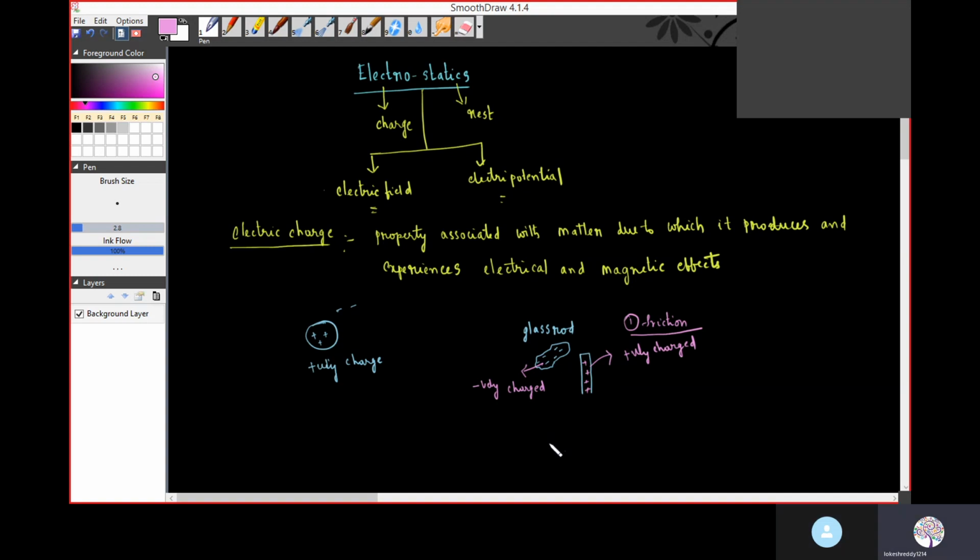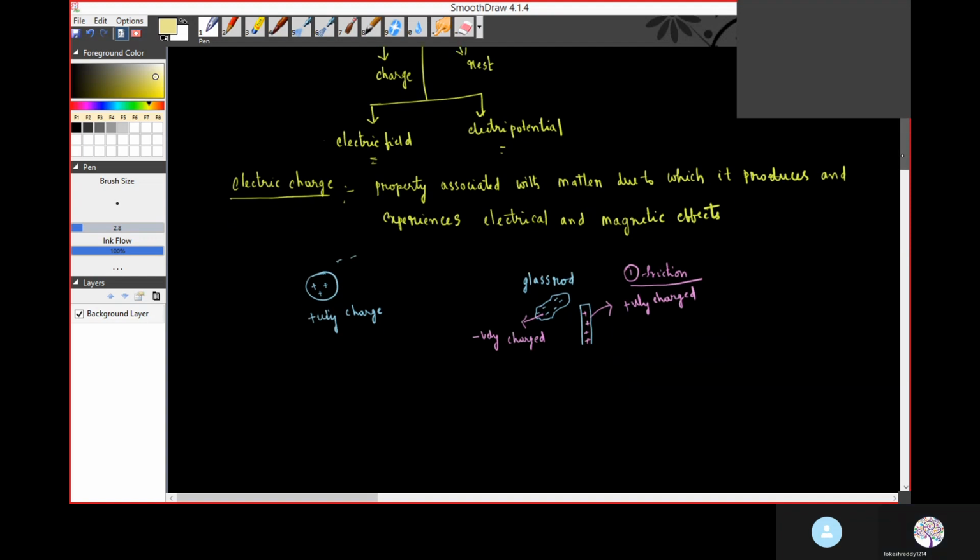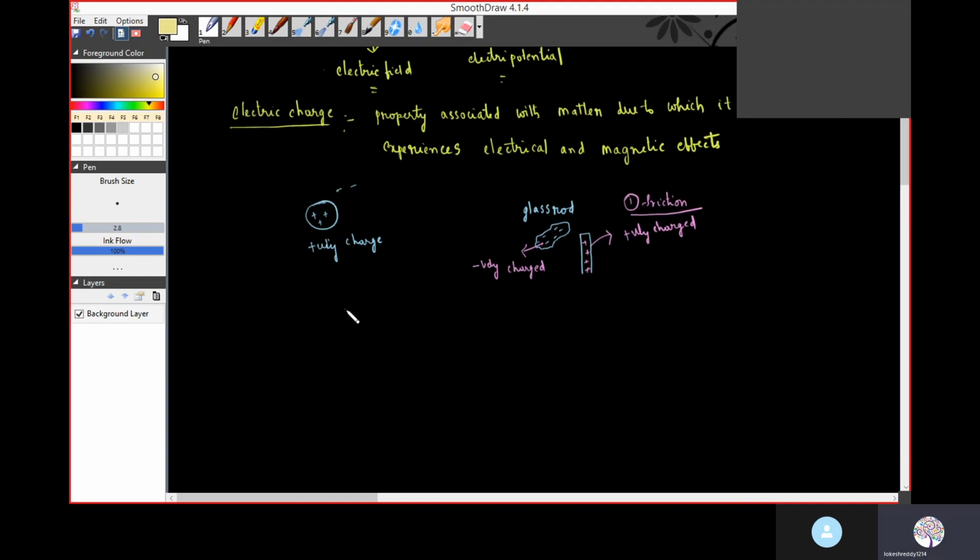The other method: you take a neutral body and place it on an insulating stand. You take a glass rod and rub it with silk cloth.